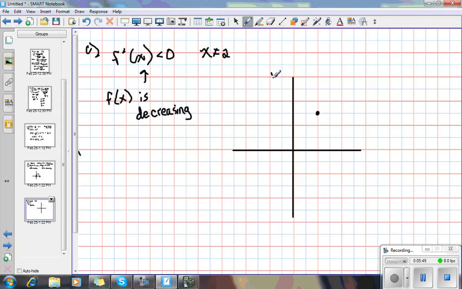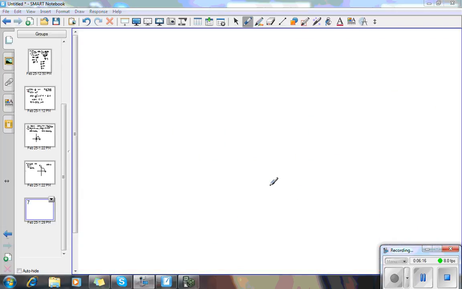What I could do, though, is something that looks like this. It's decreasing, it's still decreasing, but I have some kind of function that may look something like that, where f prime of 2 is still going to be 0, but my function is always decreasing.